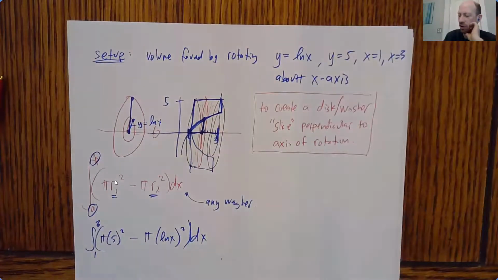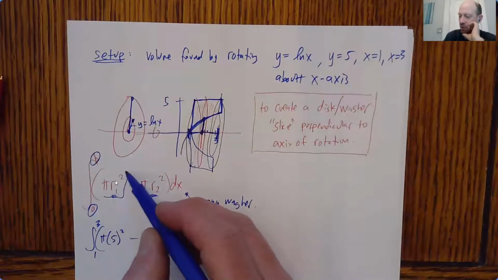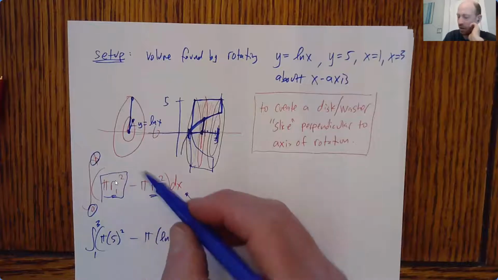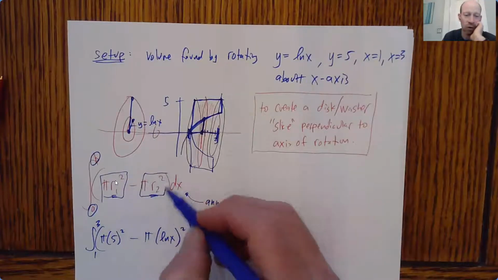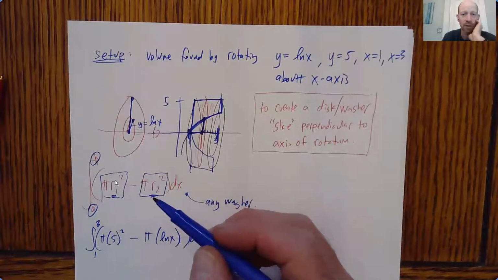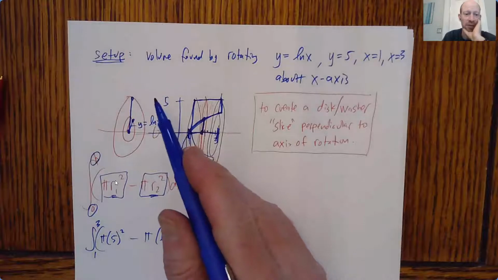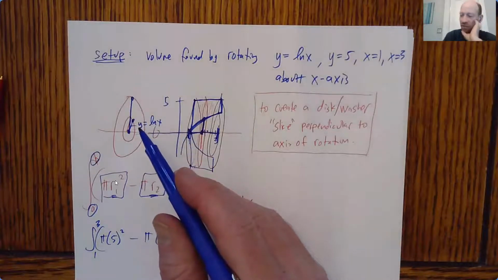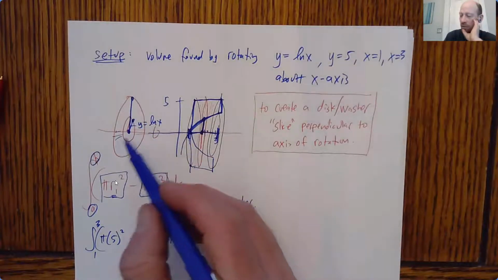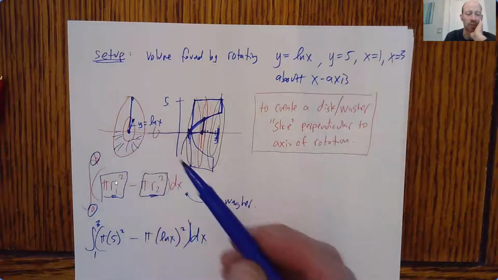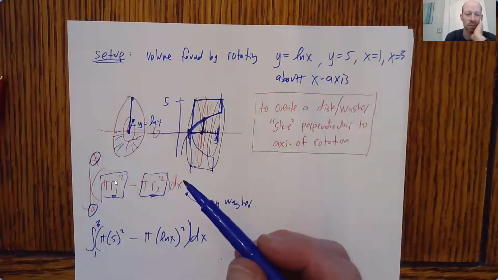This is the area of the bigger disc, and then this is the area of the hole in the middle of the disc. So we're taking the bigger minus the hole, which is giving us the leftover bit of that washer.